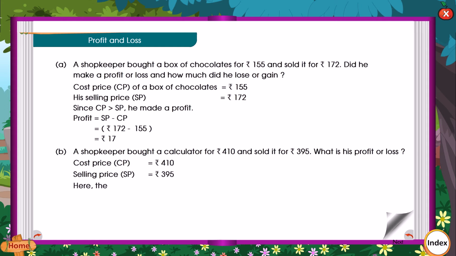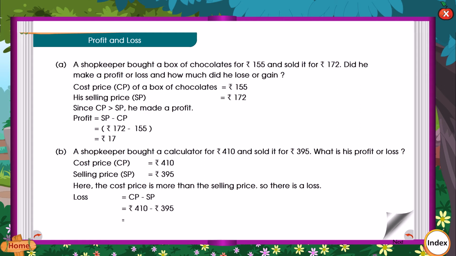Here, the cost price is more than the selling price, so there is a loss. Loss is equal to cost price minus selling price is equal to rupees 410 minus rupees 395 is equal to rupees 15. The shopkeeper suffered a loss of rupees 15.